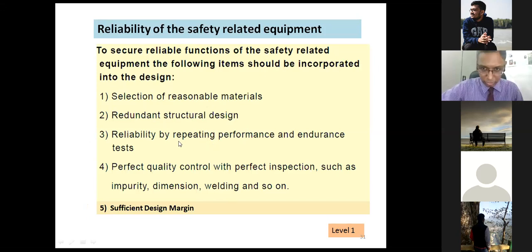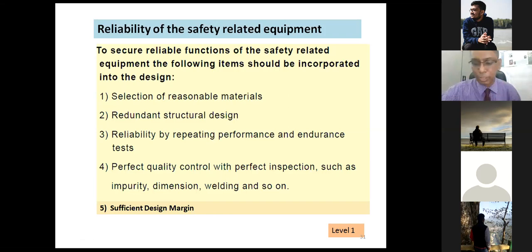You have to ensure reliability by repeating performance endurance tests and perfect quality control with perfect inspection, such as for impurities, dimensional problems, welding problems, any defect, or any crack inside the pipe or inside the system, and so on. And finally, you have to keep a sufficient design margin. That means you have to keep some tolerance in mind. Due to thermal expansion, your dimensions will change.